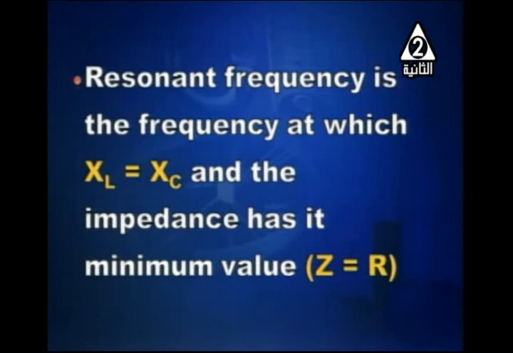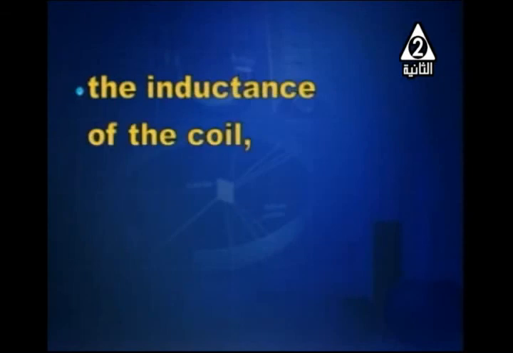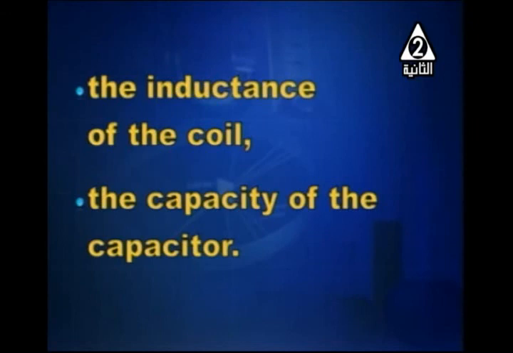There is something very important. Resonant frequency is the frequency at which XL is equal to XC, and impedance, of course, is minimum and is equal to just the ohmic resistance. So the factors affecting resonant frequency are the inductance of the coil and the capacity of the capacitor.